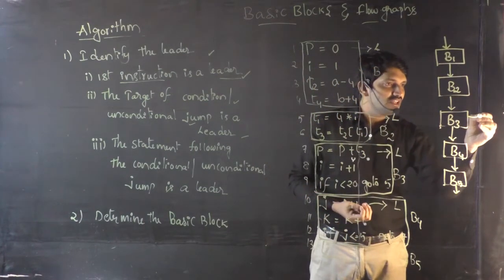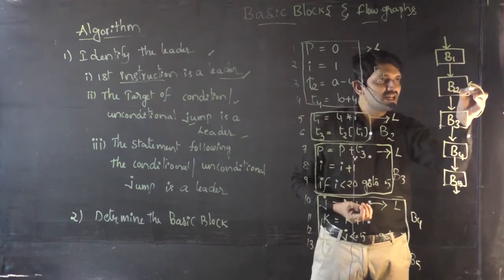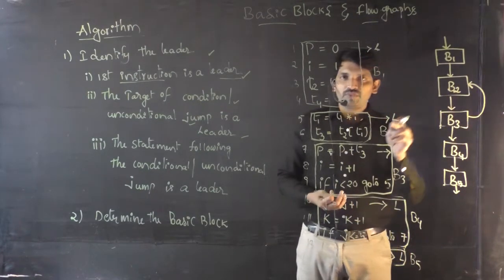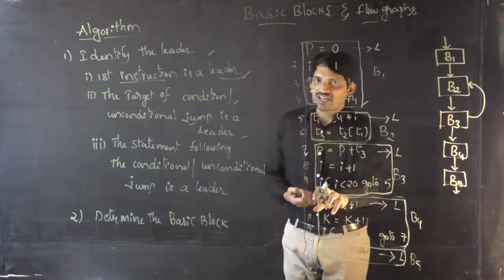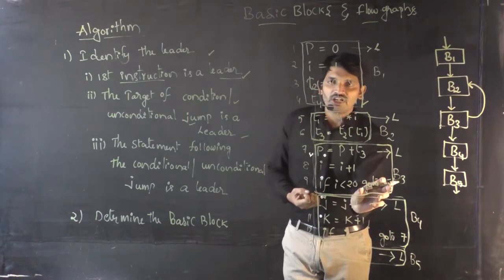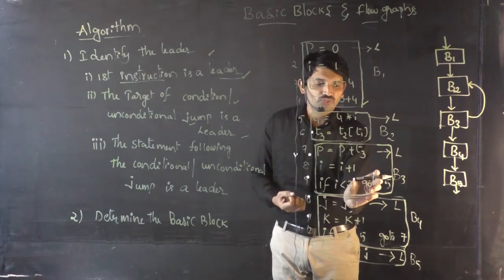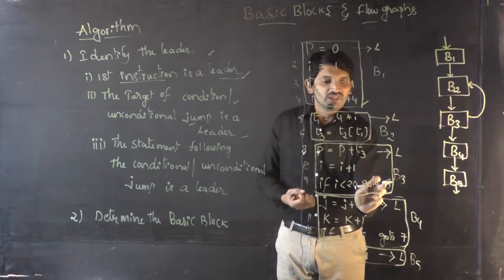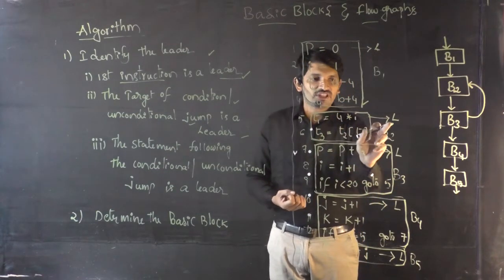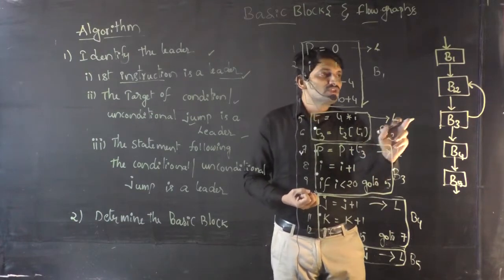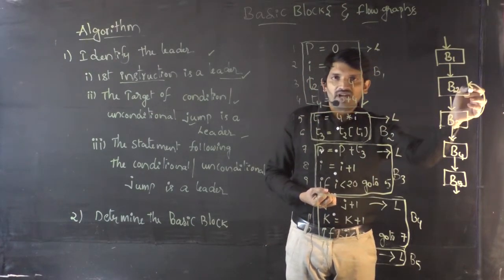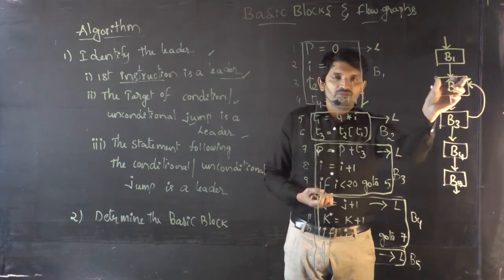So I draw an edge from B3 to B2, because the 9th instruction says if I less than 20 we have to go to 5, and the 5th instruction is located in basic block 2.